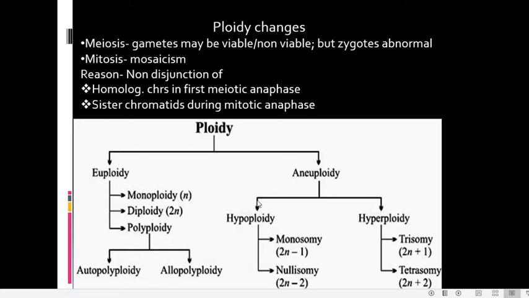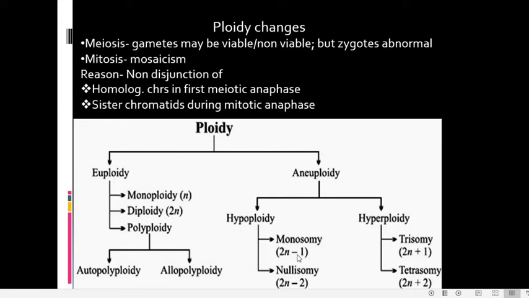So such a condition is called aneuploidy, which is usually found in diploid organisms, where you can see that there are 2 types. One is called hypoploidy, the other is hyperploidy. In hypoploidy, from the diploid chromosome number, there will be loss of either 1 or 2 chromosomes.